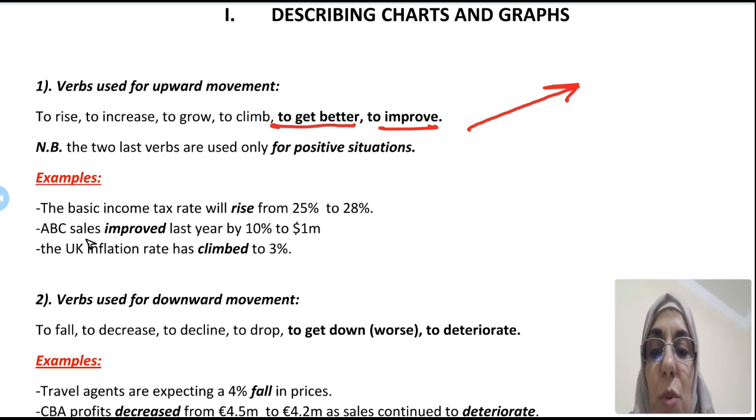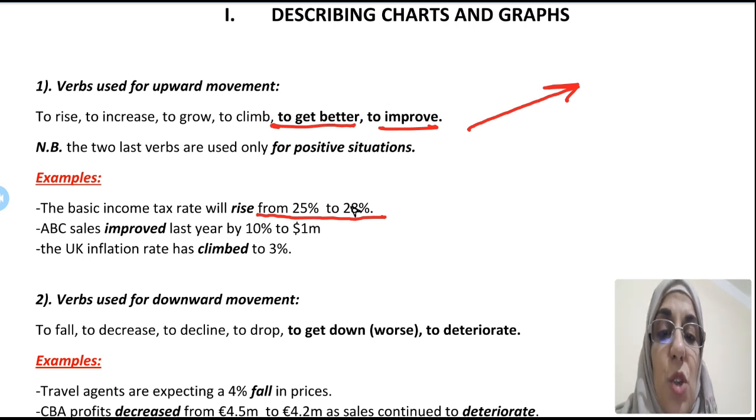Here are the examples for further illustrations. The basic income tax rate will rise from 25% to 28%. And notice that when we use the verb to rise, we have to use the expression from to, i.e., from a percentage to another, from a figure to another, from a number to another.